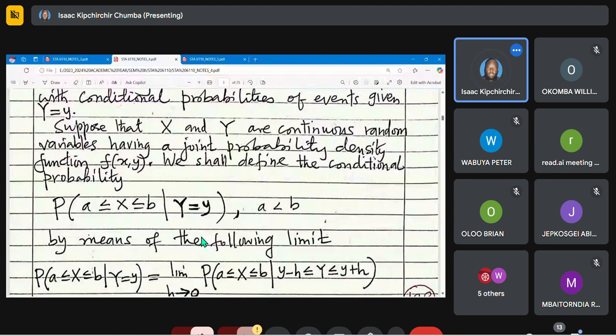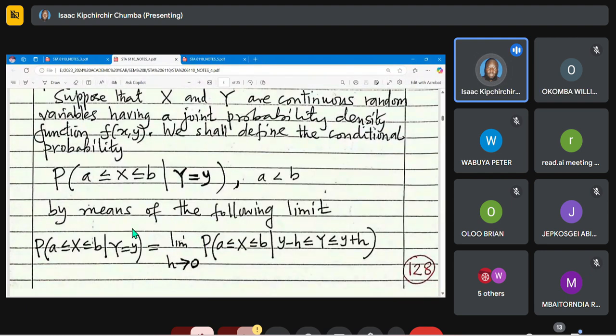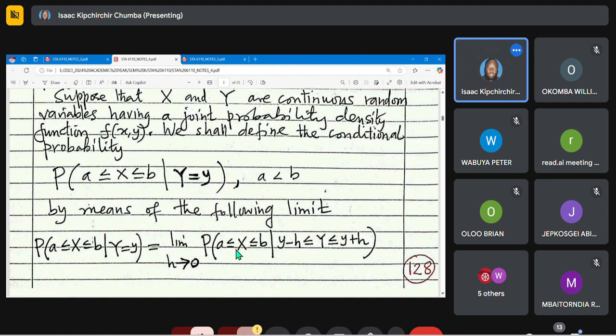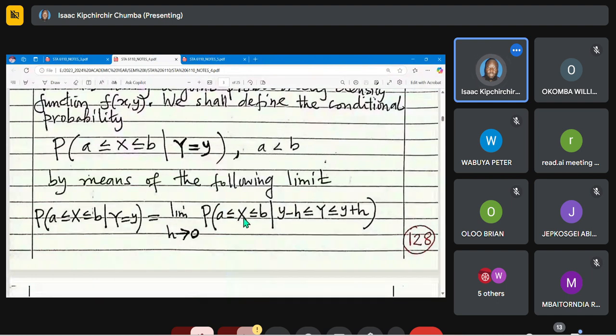This is the case when x and y are continuous. So we shall be saying the limit as h tends to 0, x will lie in the interval AB, and y lies in the interval y minus h and y plus h.